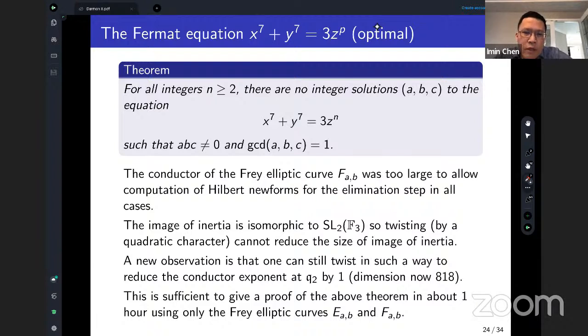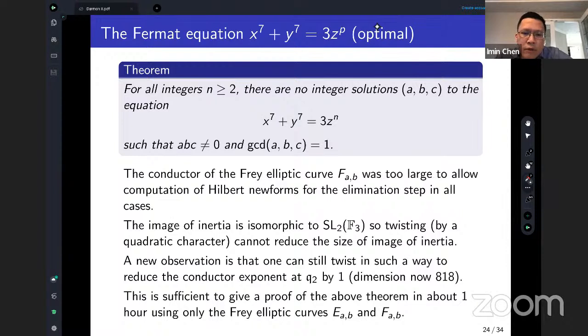So I'll first mention that the reason why one was not able to prove an optimal result was that the conductor of the Frey elliptic curve was too large, and computing the Hilbert newforms at those levels was not practical. However, we have a new observation in our new work, which is the following.